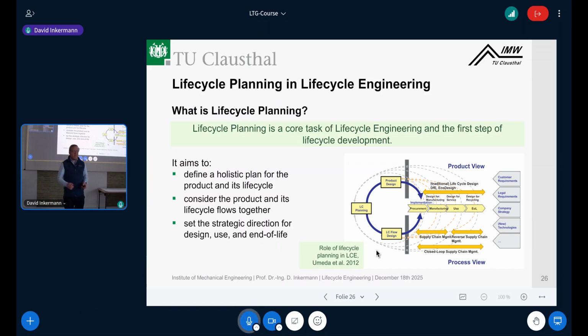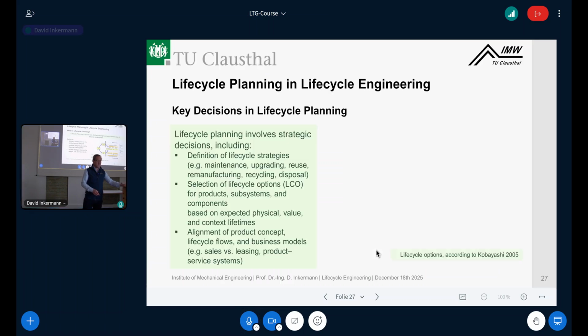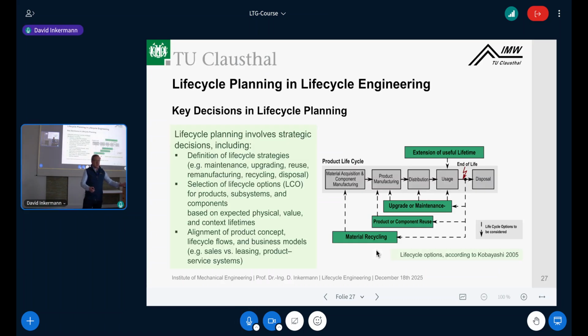So life cycle planning is one specific task in life cycle engineering, and it aims to come up with a plan. What is a life cycle, and how can we implement it? And also, what is the strategic direction that we should follow? Again, it could be a point, or it could go in different directions. Then, the decisions that are key to life cycle planning are, on the one hand, what is the strategy that we should follow?